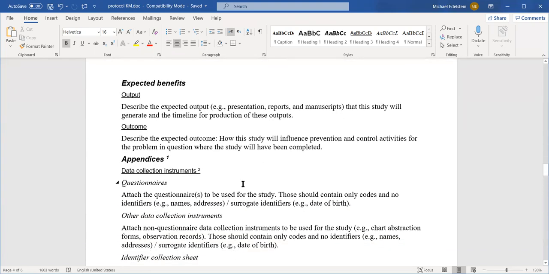And then finally, the expected benefits. What is going to come out of your study? Are you going to write a paper? How many papers? Are you planning a report to the management of the hospital? Is it a peer-reviewed publication? Is it a presentation at a conference? What are you planning? And then the outcome. How is the study actually benefiting health?